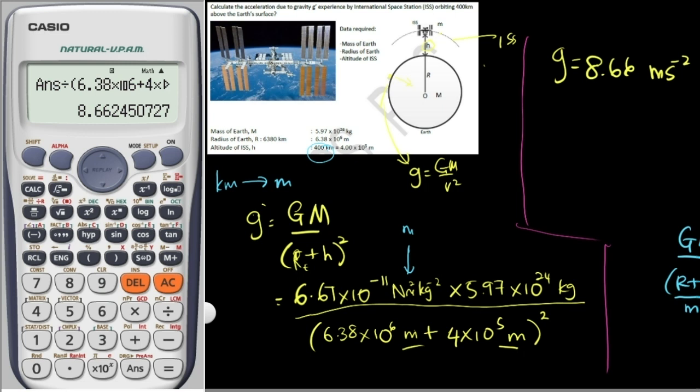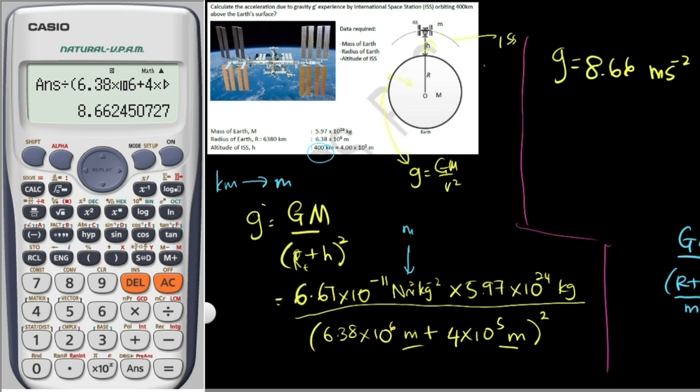Kg minus 2 plus 1, like what you did in your maths, x minus 2 times x to the power 1 gives x minus 2 plus 1, so this is kg minus 1.